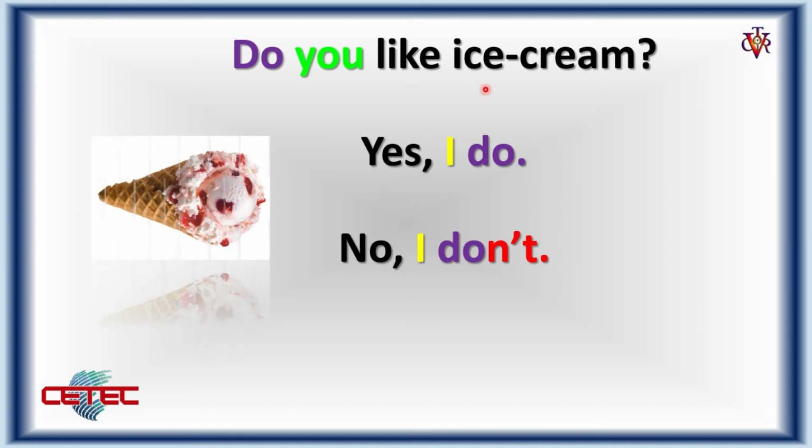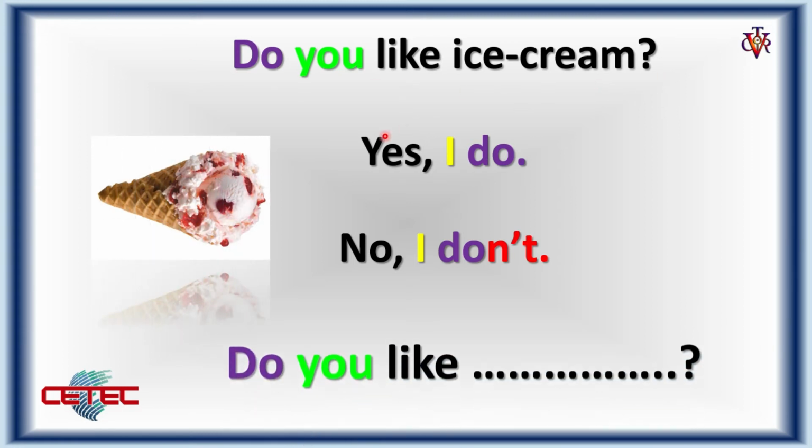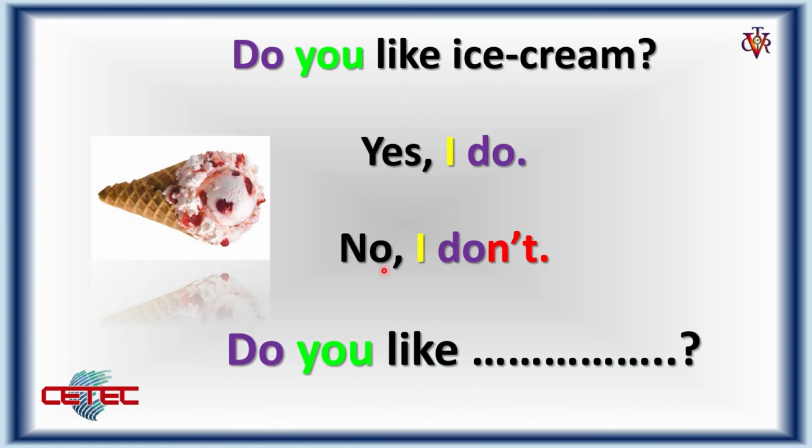Do you like ice cream? Yes, I do. No, I don't. Now, don't forget the structure here. Auxiliary do, subject you, like is the verb, complement ice cream, question mark at the end.